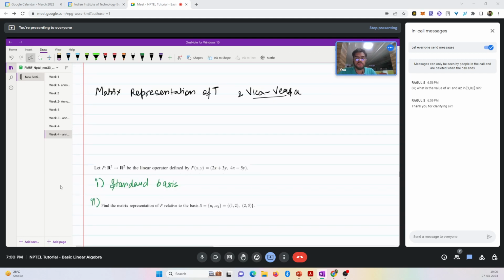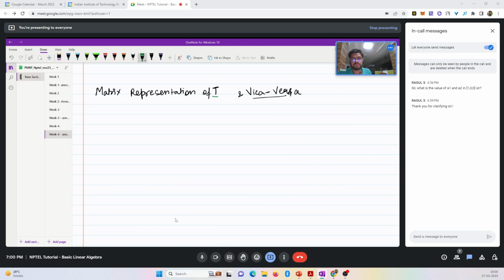Okay. Now I think I'll try to look at the matrix representation of a linear transformation. A few moments ago I mentioned that for every linear transformation you can find a matrix representation A, and vice versa, right?